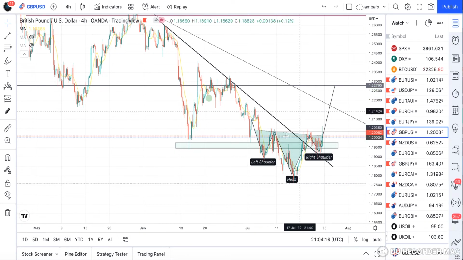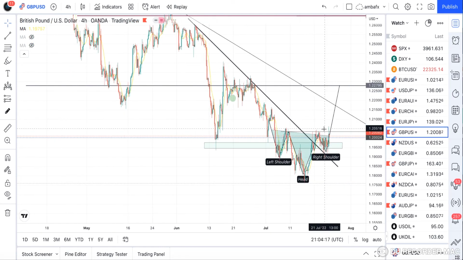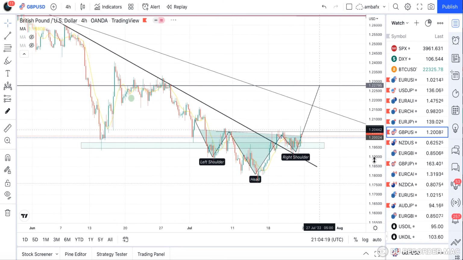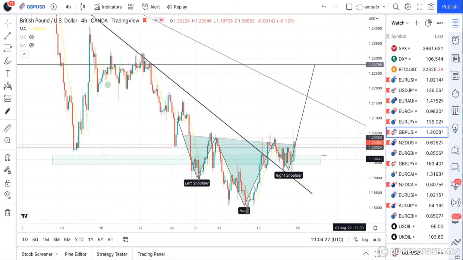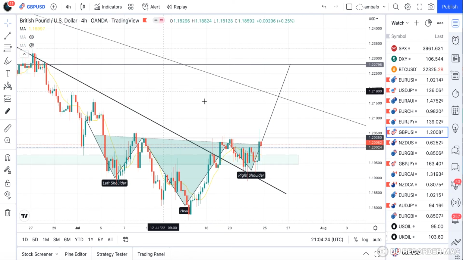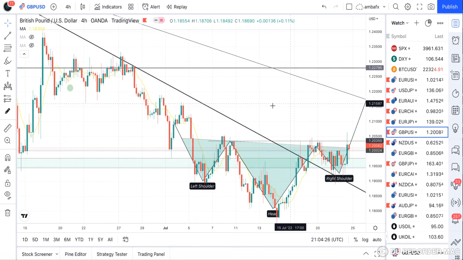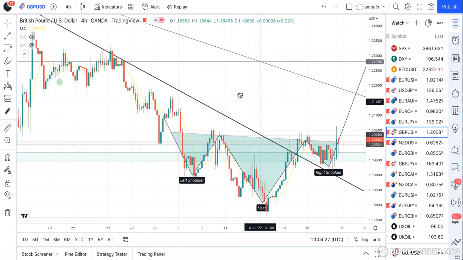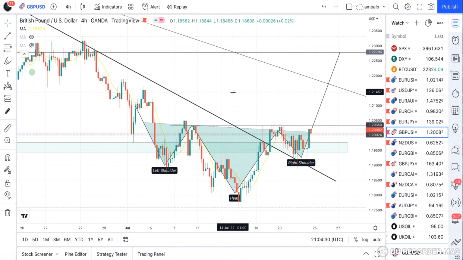And before you make your decision, if we zoom in very well, you can see that the price is still down. Hope you understand. Our bias should be on the downside.